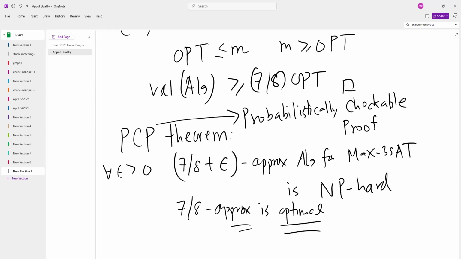So I wasn't able to cover too much on randomized algorithms in this course. I really only covered two. One was quick select, which had a randomized analysis, and then this is another simple randomized algorithm. But randomization is really another powerful thing that you can use. Sometimes a deterministic algorithm is extremely hard to find, but you can introduce some randomness or some approximation, and that gives you a much simpler algorithm.